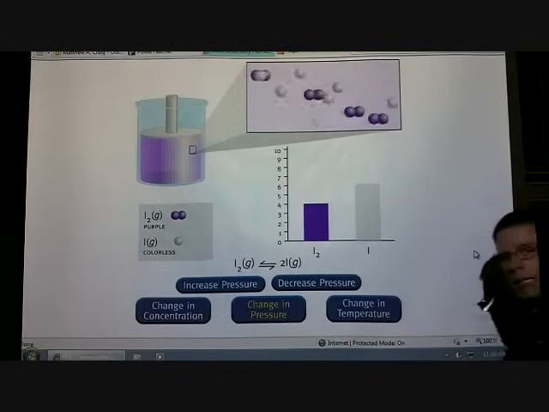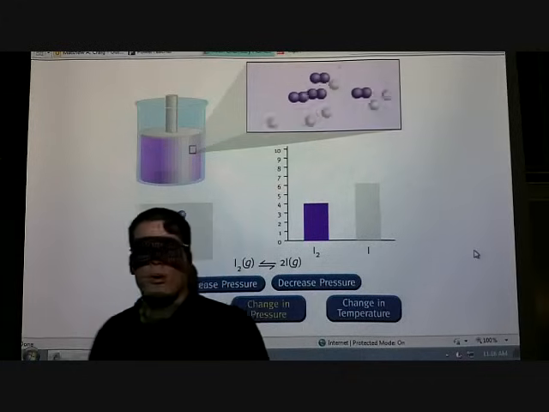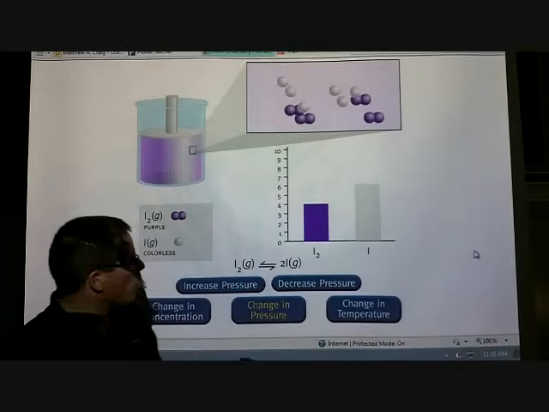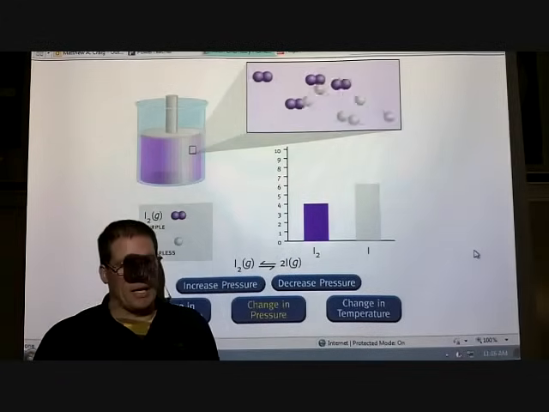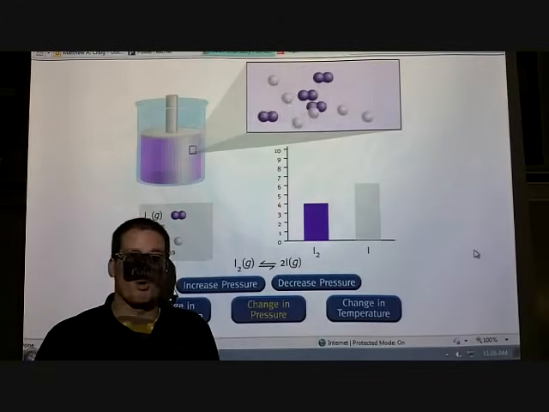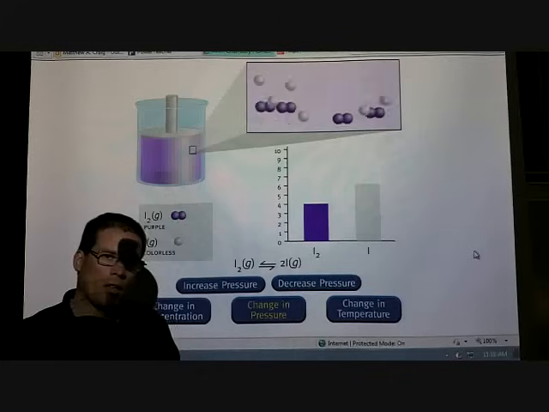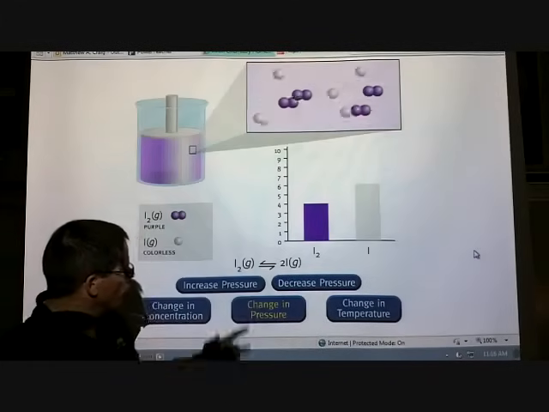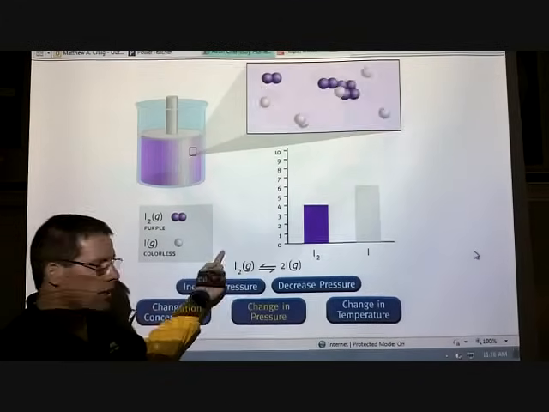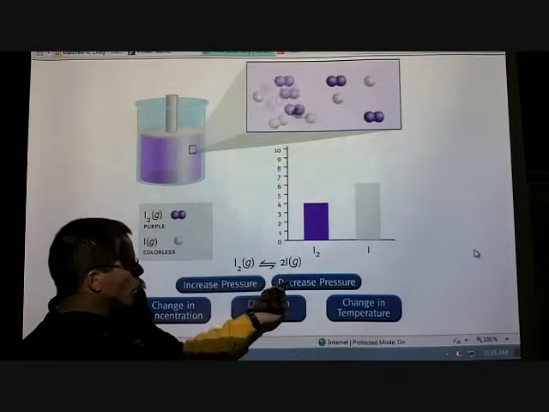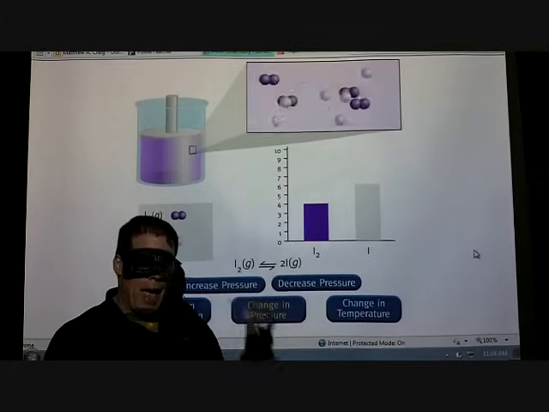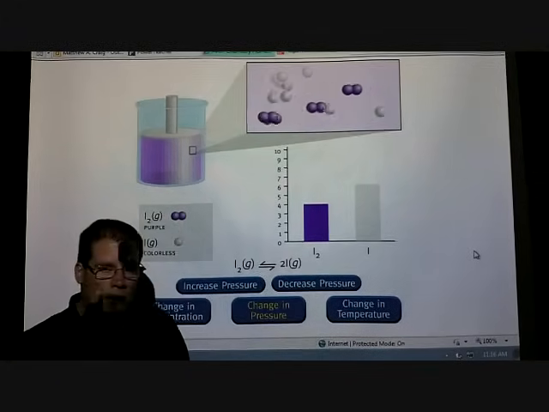All right, in the next example, we're talking about pressures. When we're looking at pressures, we're only looking at gases. So we care about the number of particles that are actually gases whenever we talk about Le Chatelier and pressures. So in this example here, I have iodine gas, I2, that decomposes into two iodine atoms, that is also a gas.